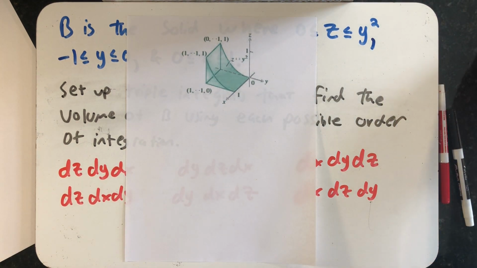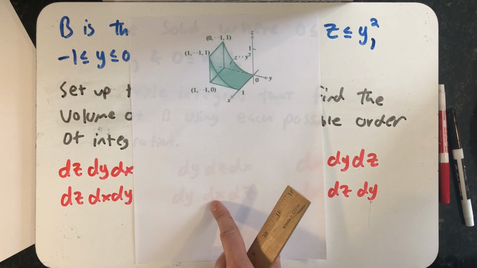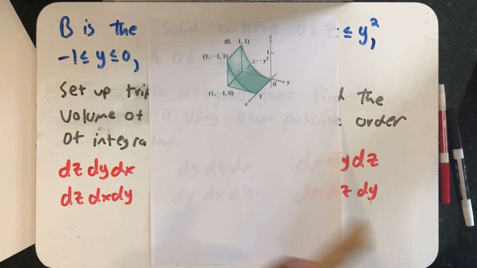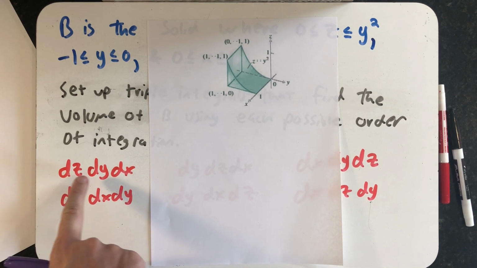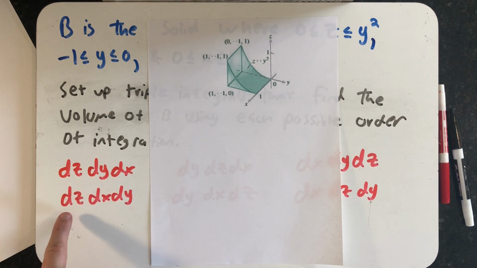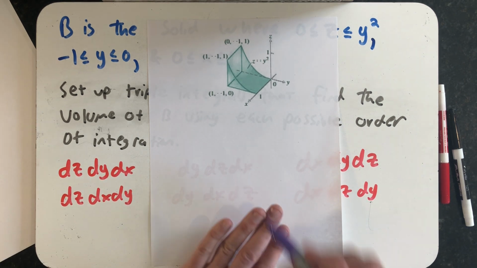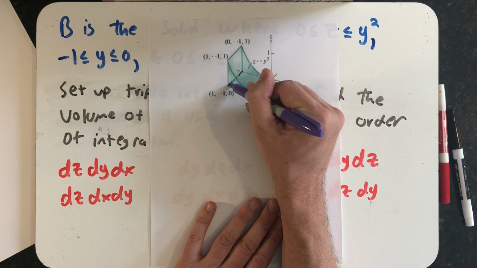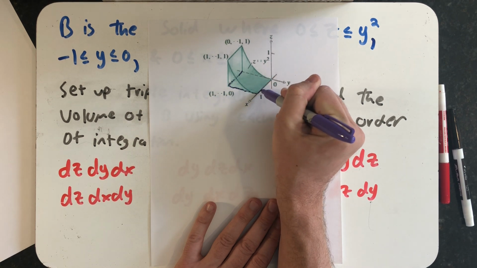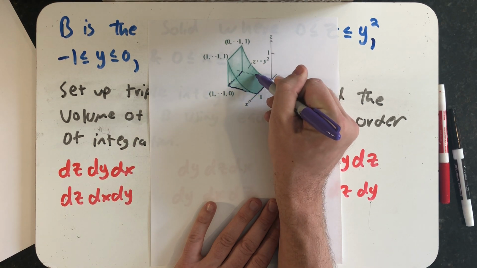And so let's see if we can, let's do these two first. Integrate with respect to z first, and then y, and then x, and then we'll go z, x, y. So in both of these, I need to draw the same projection of the region into the xy plane. And I see that plainly, if you will pardon the pun, as being this square.